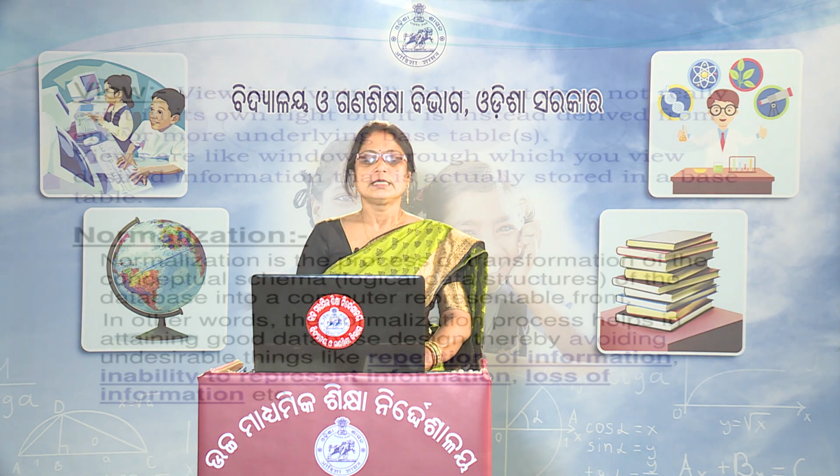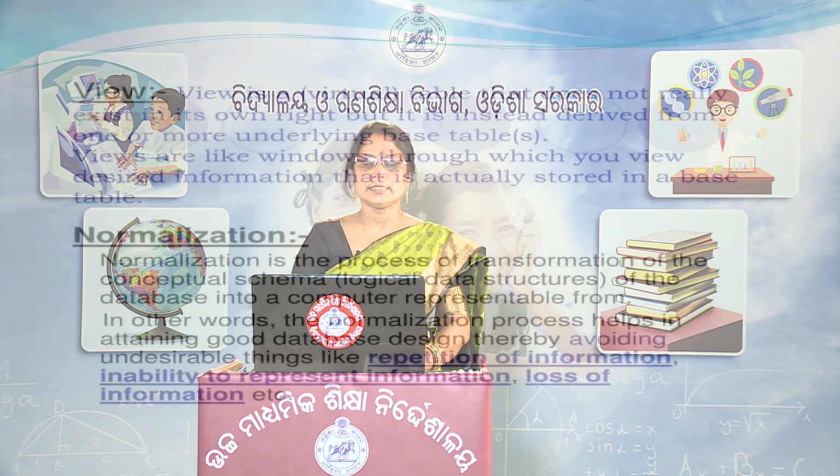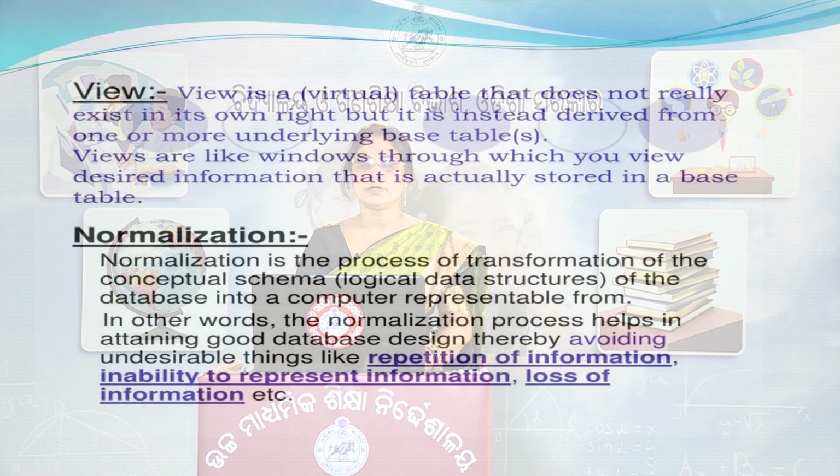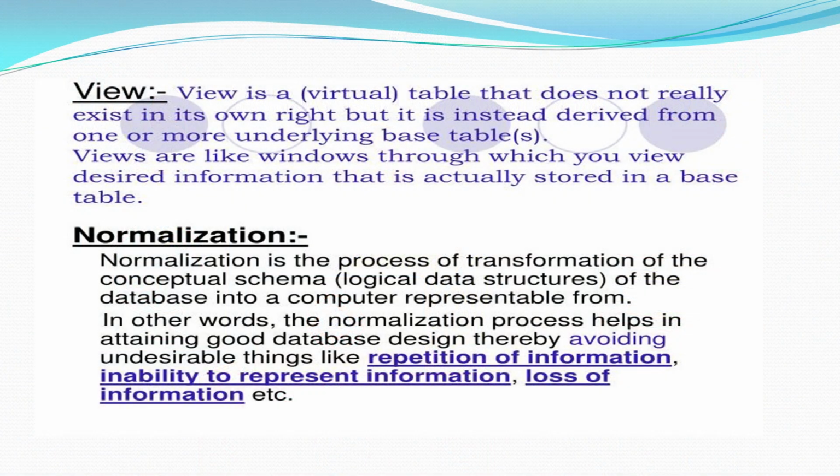Another concept related to DBMS is a view. A view is a virtual table that does not really exist in its own right, but it is instead derived from one or more underlying base tables. Views are like windows through which you view desired information that is actually stored in a base table.